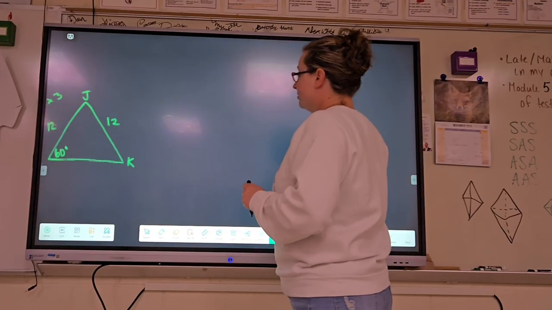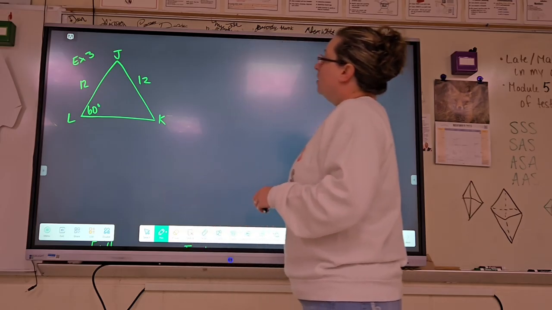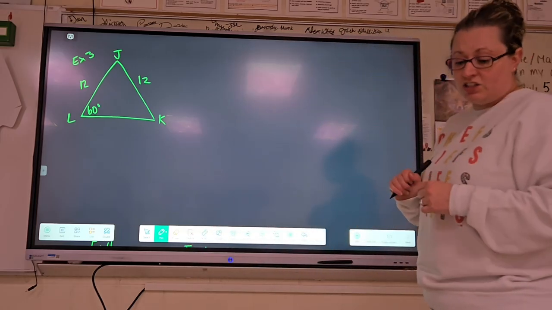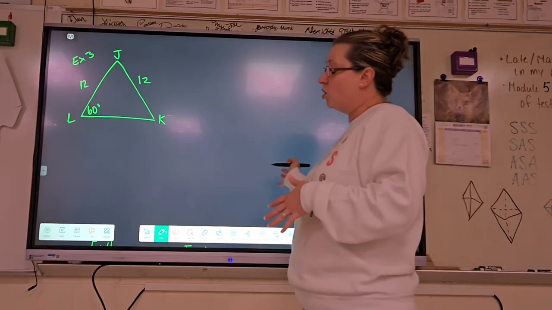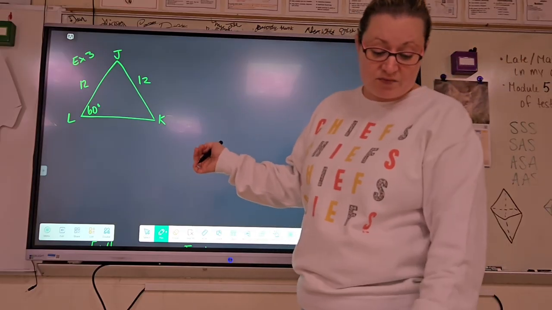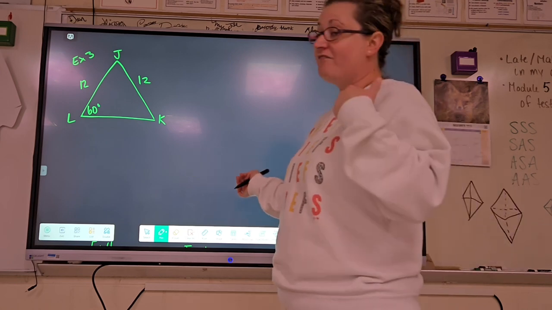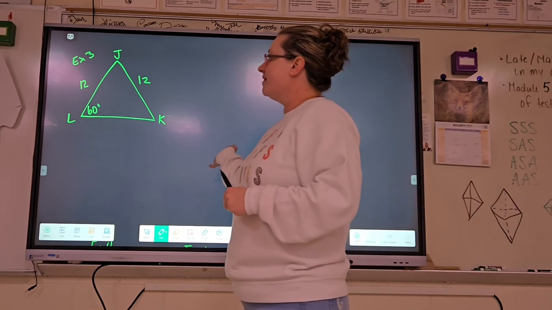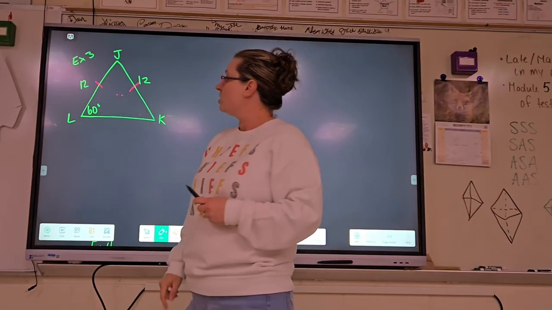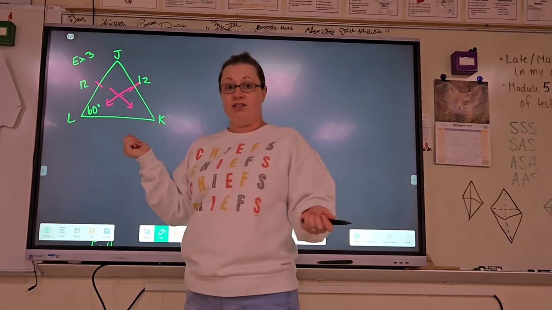Now, how you're going to use this stuff is in situations like this. So we don't know a whole lot about this triangle, but what they want us to do is fill in all the missing stuff. This is kind of example 3 at the top of 328, my version of this. So what I know is that this side equals this side, right? Which means that those angles opposite have to be congruent.